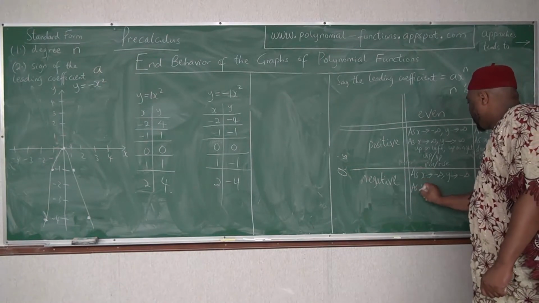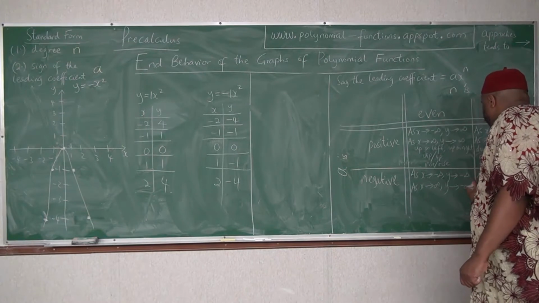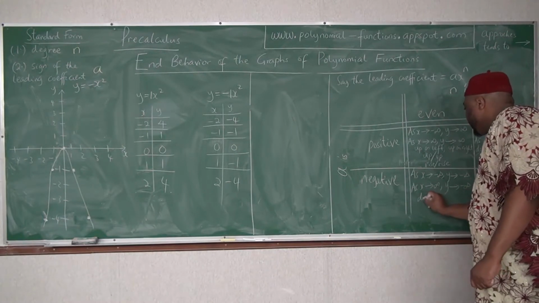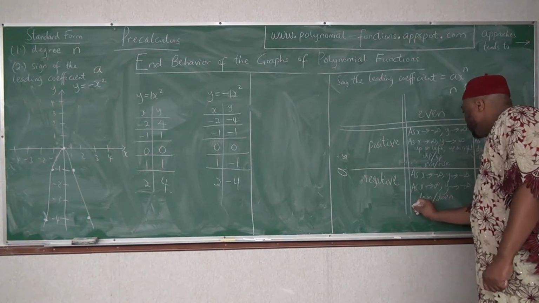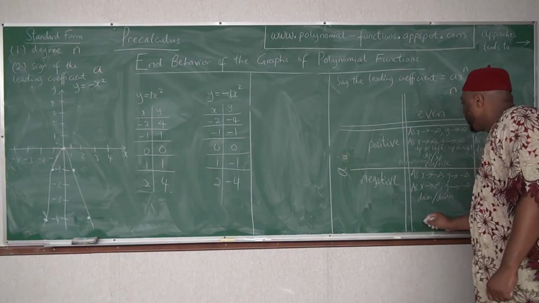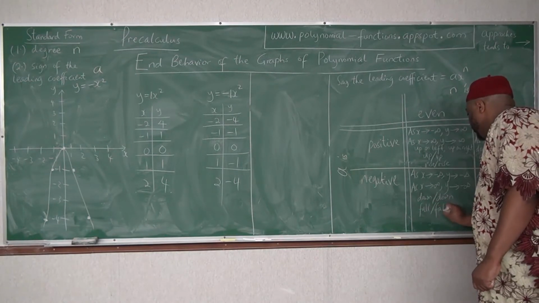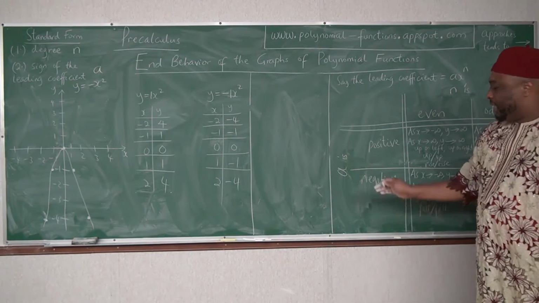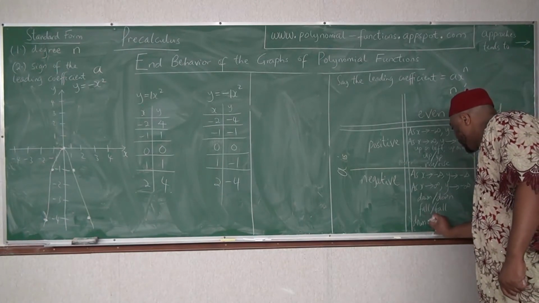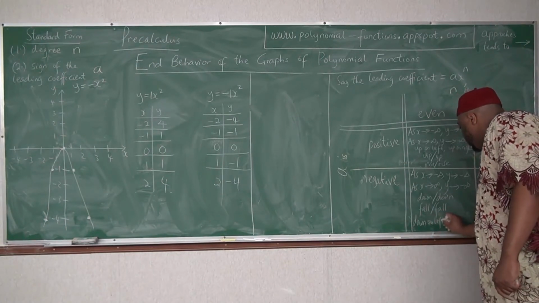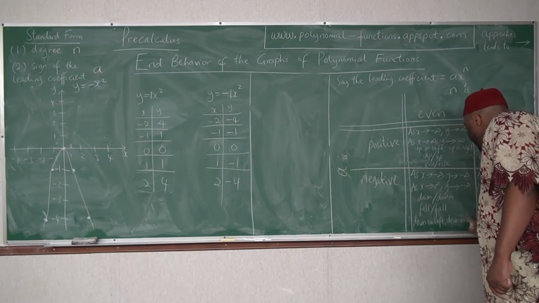As x approaches infinity, y approaches negative infinity. So this is down, down, or you can say fall, fall. Down on left, down on right.